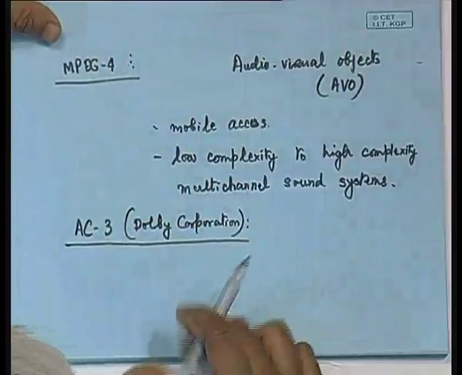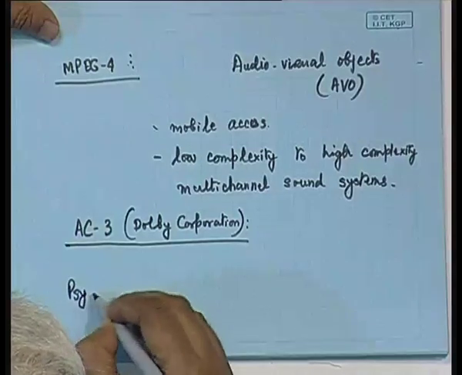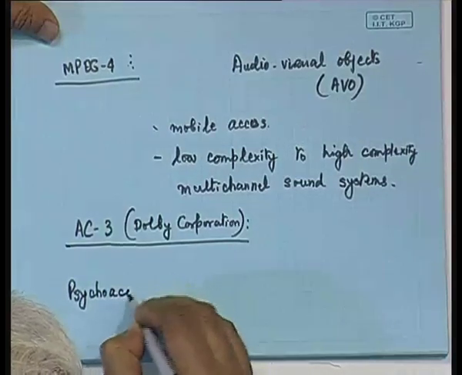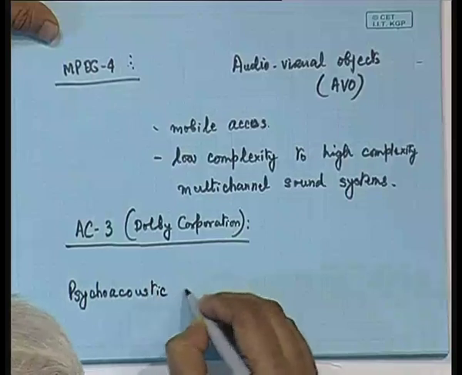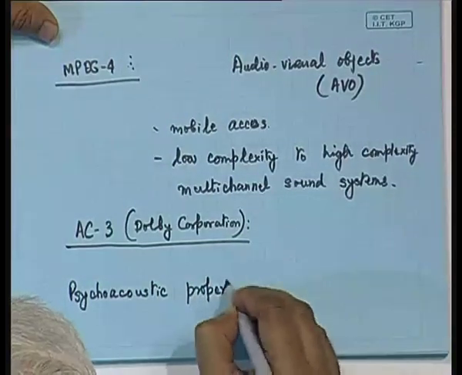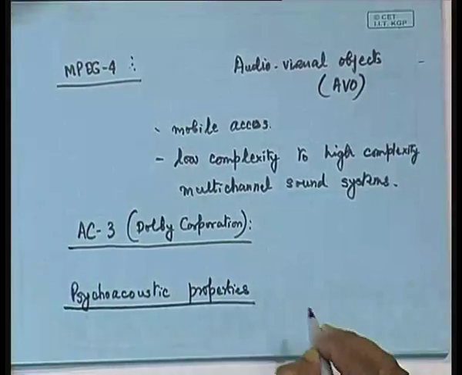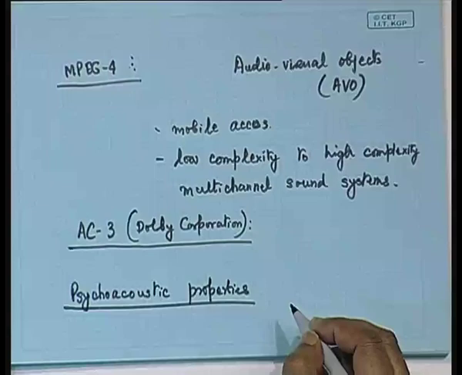Now, in order to achieve very significant compression, what one makes use of is some psychoacoustic properties. Psychoacoustic properties have been studied over the years, and if one goes through the findings, there are some very interesting points which we can note and try to make use of in the audio encoding process.